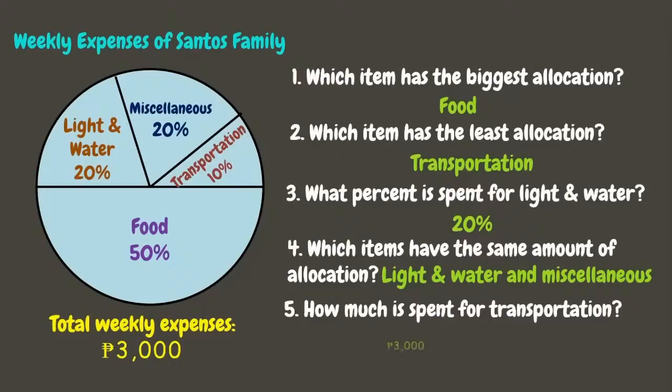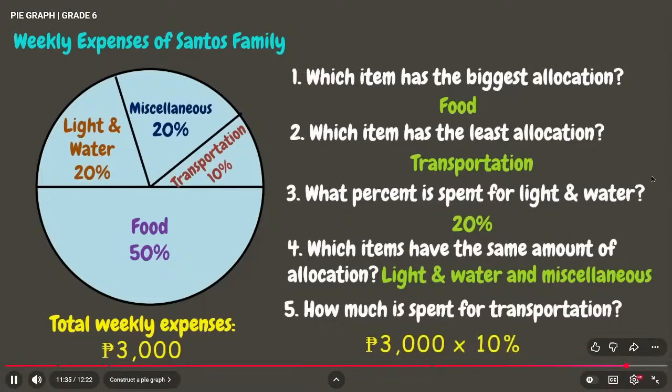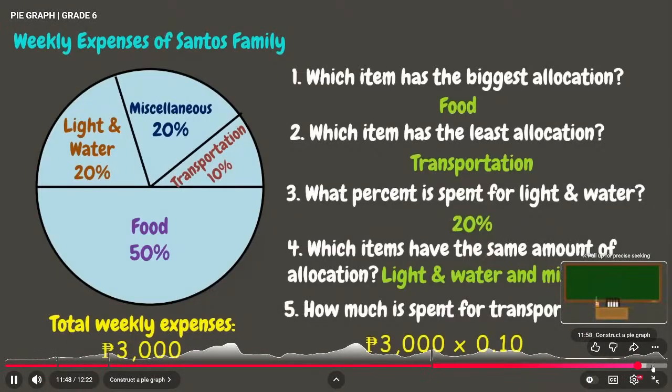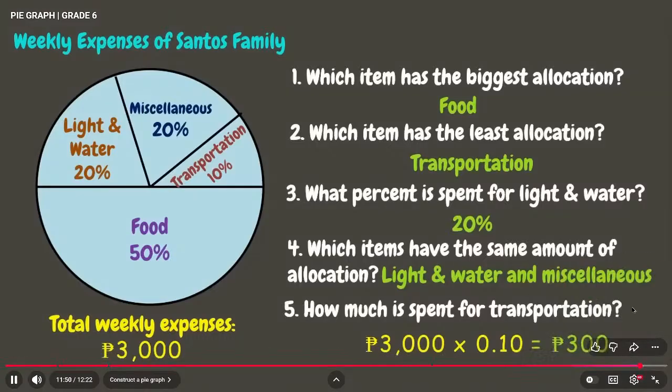So that will be 3,000 pesos times 10%. Let's convert 10% into decimal, which is 0.10. 3,000 pesos times 0.10 is... wonderful! If your answer is 300 pesos, you are correct.